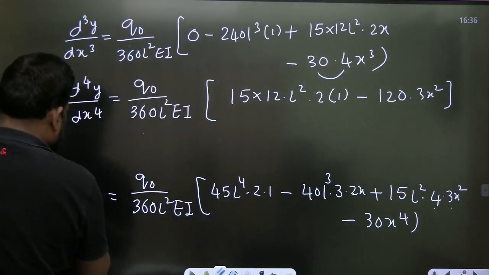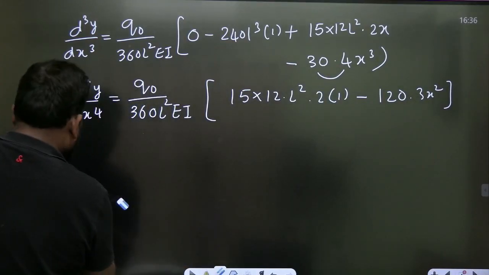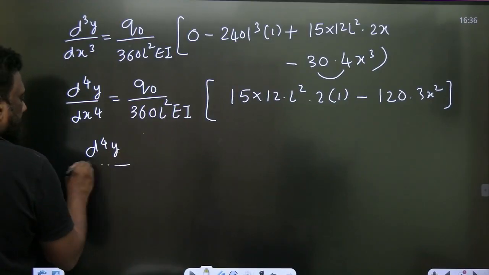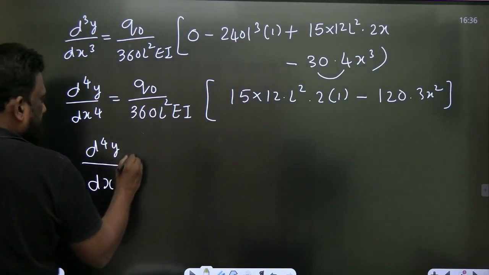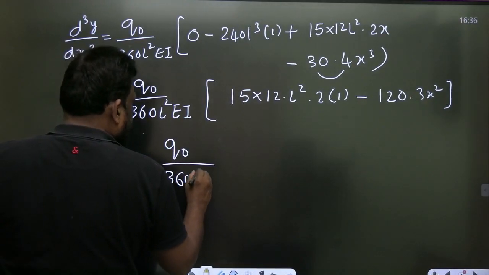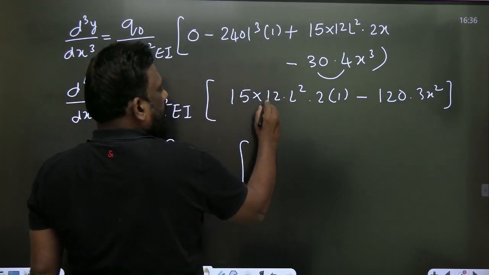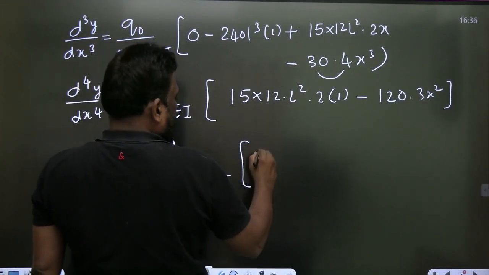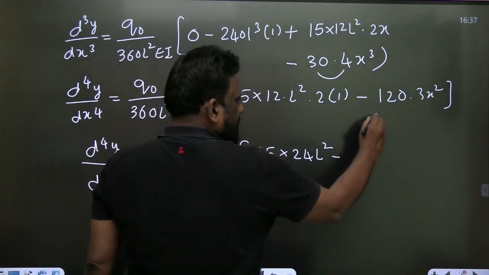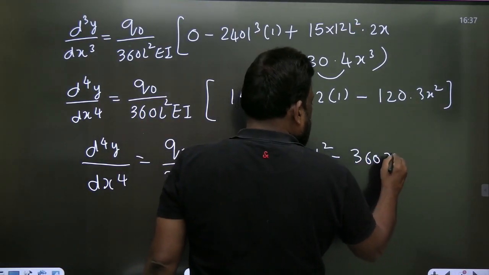Now don't worry, sirs. Read it at ease. Let us not waste our time. Come on. Now let's take this. So d4y by dx power 4 is equal to Q0 by 360 L square EI into, this will be 15 into 24 L square minus 360 into x square.